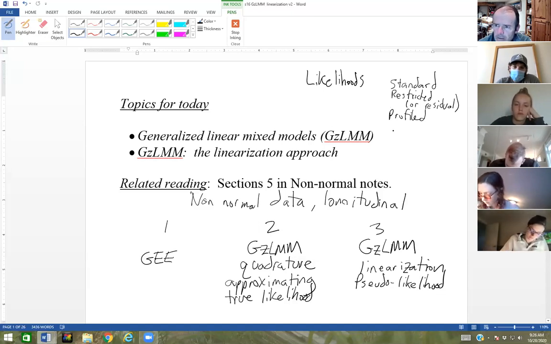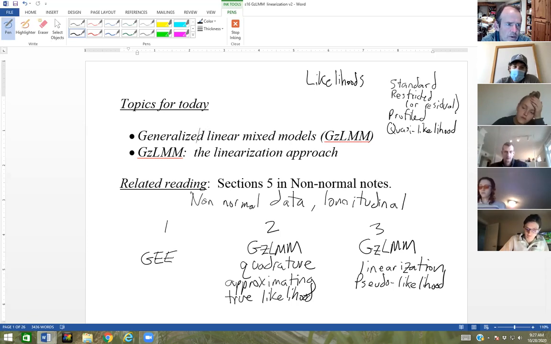Then we learned about quasi-likelihood, where you don't need to specify, well, there's a couple ways you can look at it. If we add a dispersion parameter, we're dealing with quasi-likelihood. Or if we don't need to specify the whole distribution, but just the mean variance relationship, like we did for GEE, then we have quasi-likelihood.